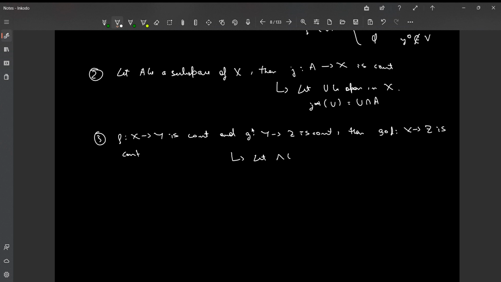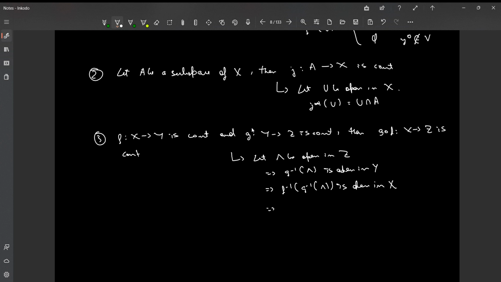Why is it so? Let lambda be open in Z. Then g inverse lambda is open in Y because g is continuous.